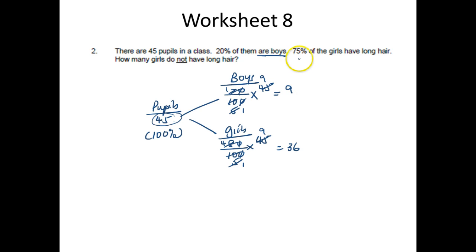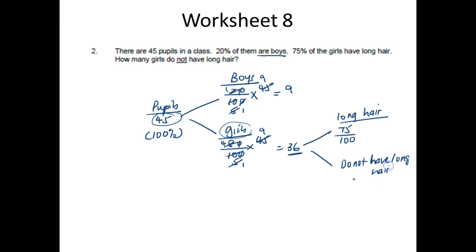girls. 75% of the girls have long hair. So out of the girls, out of the 36, long hair is 75%, so it's 75 out of 100. Those who do not have long hair would be 25%.